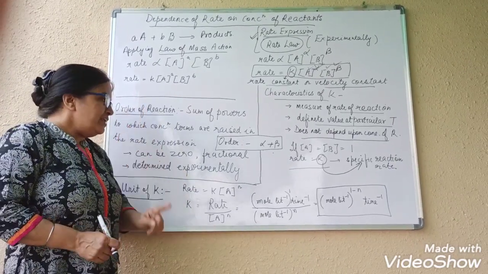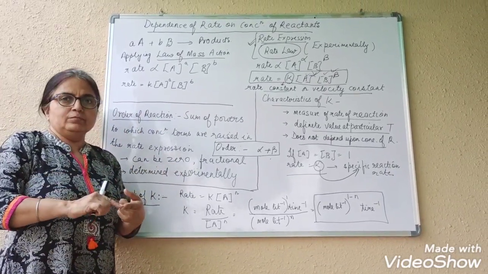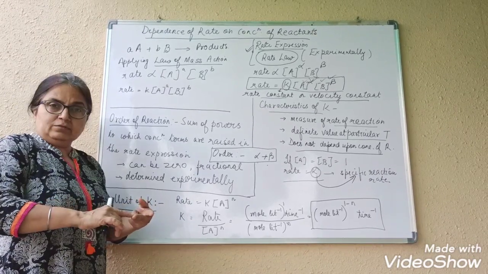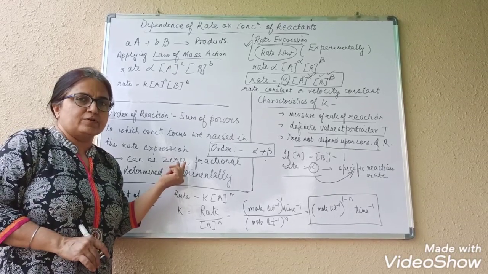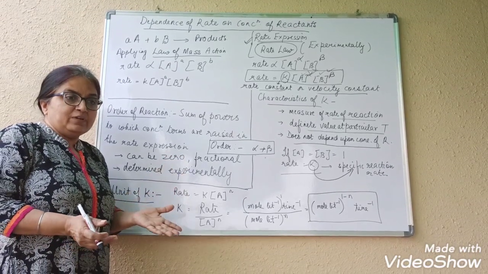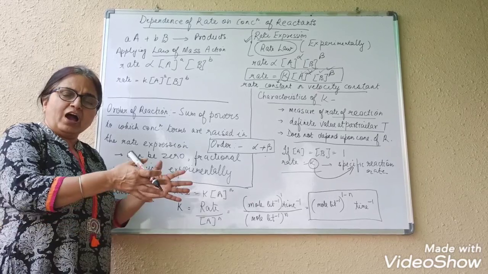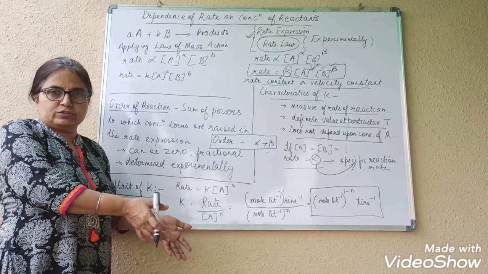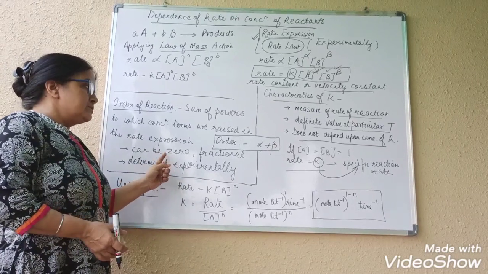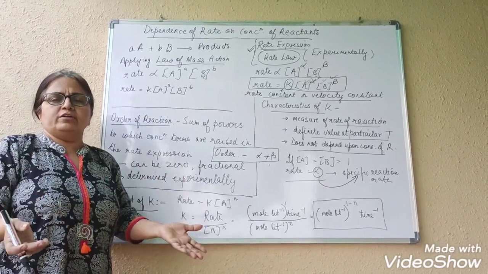The order of any reaction can be 0, can be a fraction, and it is always determined experimentally. Again, we will discuss examples of how this can be 0. Sometimes in a reaction you have a reactant, but the rate is still not dependent on its concentration. If the order is 0, we call it a zero order reaction.